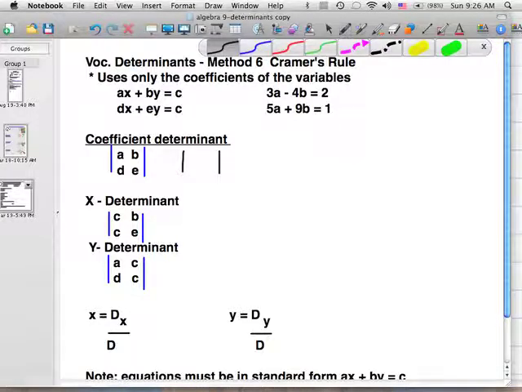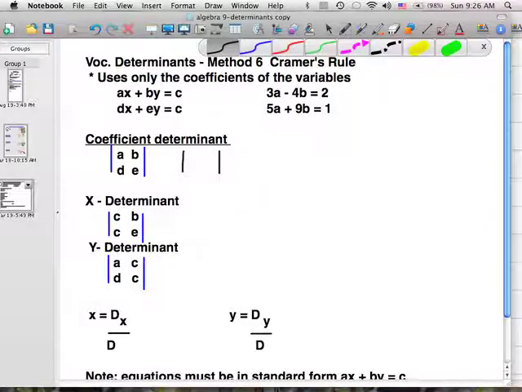We're going to come up with 3 matrices. One comes from the coefficients in front of the variables. One comes from replacing one column with the constants, and the other one replacing the other column, the variable we're finding, with constants too.